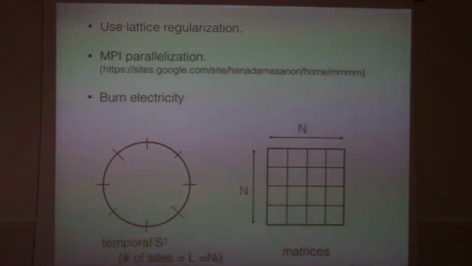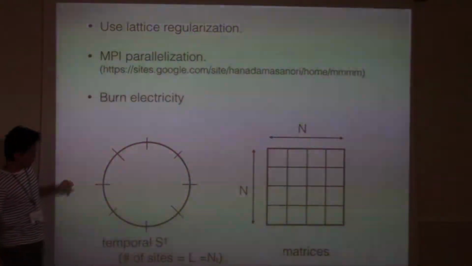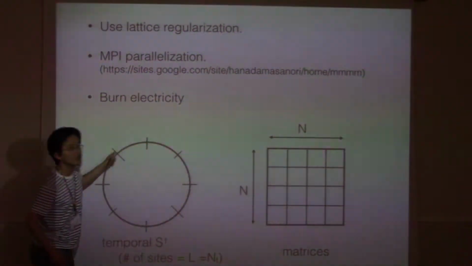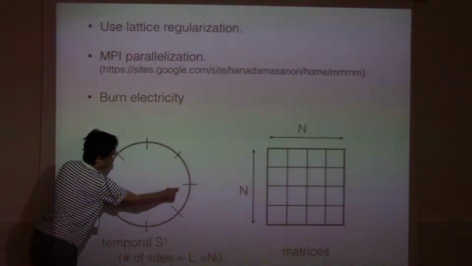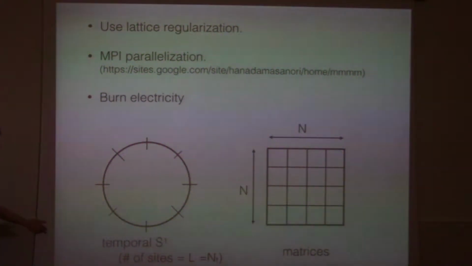I never saw any parallel code, so I just invented everything by myself. But I'm not a really good programmer, so it's not really optimal. But I'll explain what I did. Okay, so first we have only one time direction. So we divide the time direction into several sub-lattices.